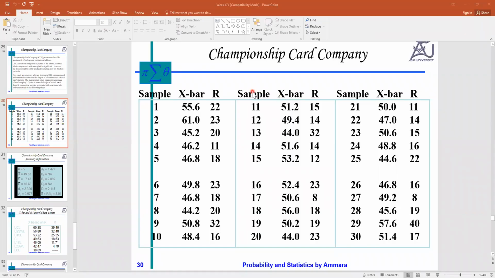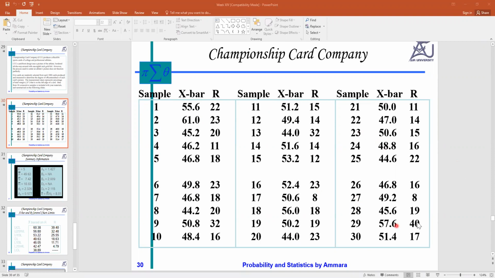Now let us take a simple example to construct an X bar and range chart. Here you can see some sample observations from 1 to 10, 11 to 20, 21 to 30, and here you can see the X bar values and R values. You have to calculate the limits first to draw these charts.